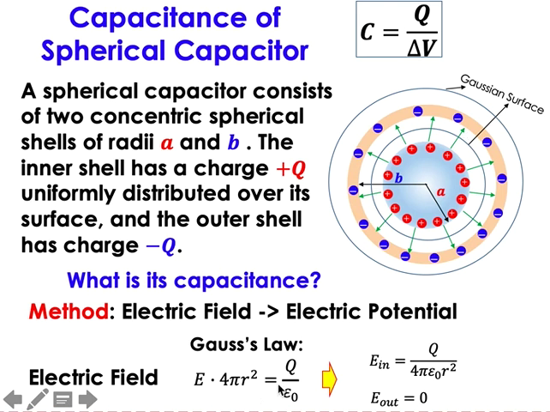And then it is equal to the total charge inside, Q, divided by epsilon 0. So the electric field inside this shell is equal to Q divided by 4 pi r squared times epsilon 0. Just like this.